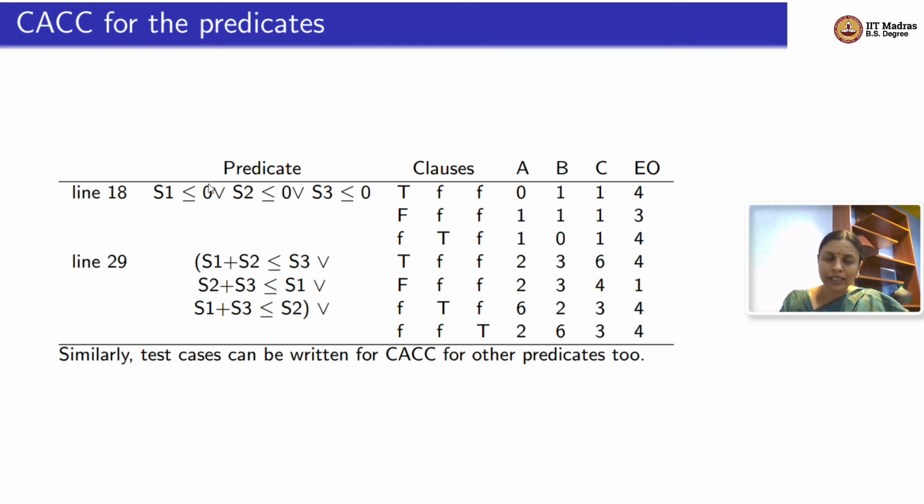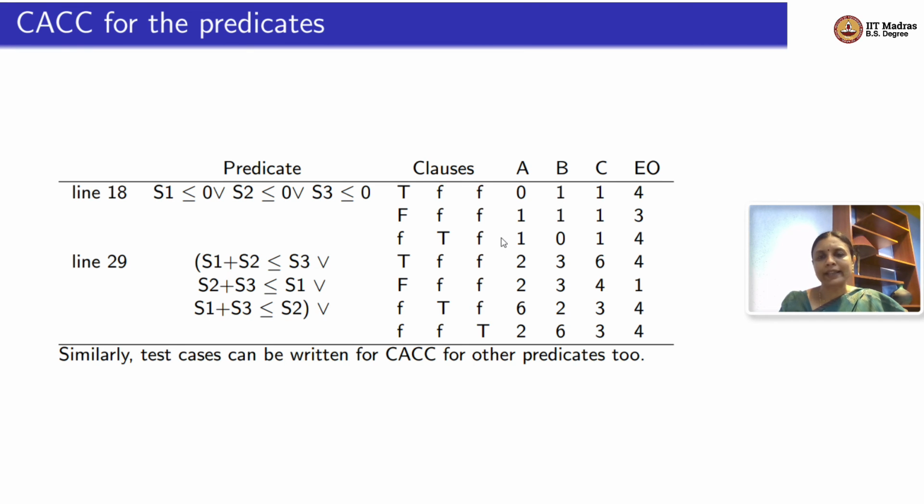What I have given in this slide is for this predicate in line 18, if you do correlated active clause coverage for clause A, the first clause, that is S1 less than or equal to 0 being a major clause. That is given in capital T, capital F here. Means I am considering, of these 3 clauses, the first one to be the major clause.